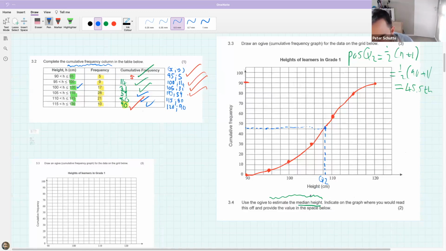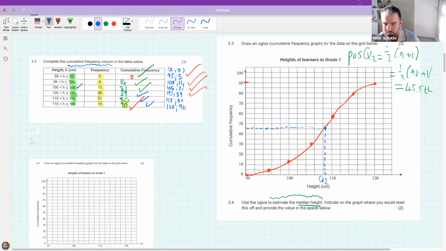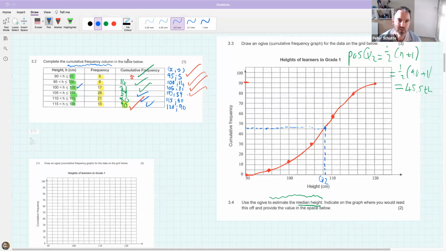What do we think an approximate value for the median would be in this situation, based on what we know so far? What do we think an approximate value would be? So if that's 100, and I guess that is 105, yeah, so I think if I look here, the median is going to be, and there is some leeway.